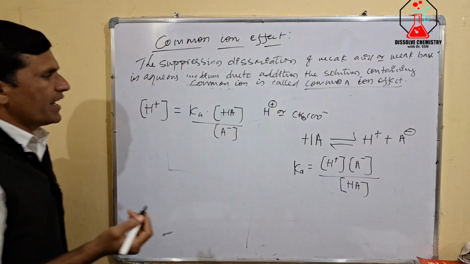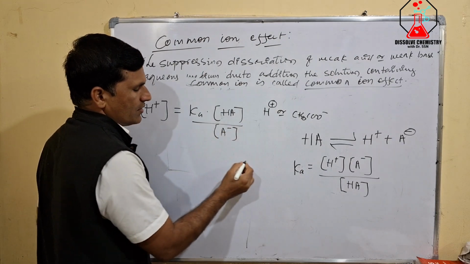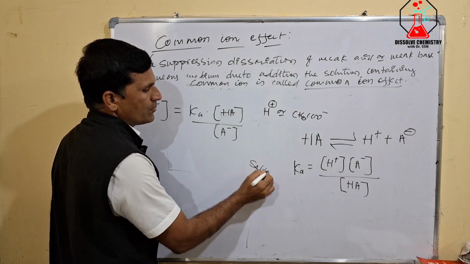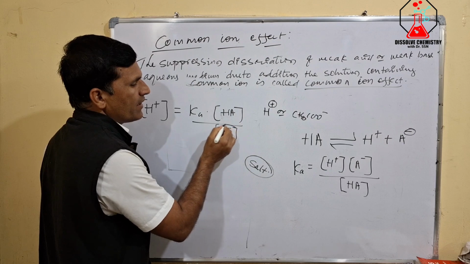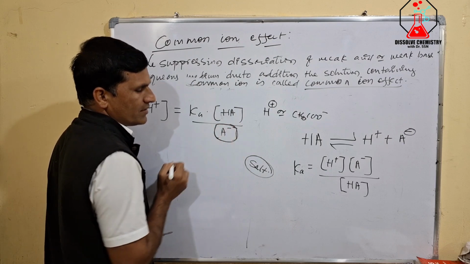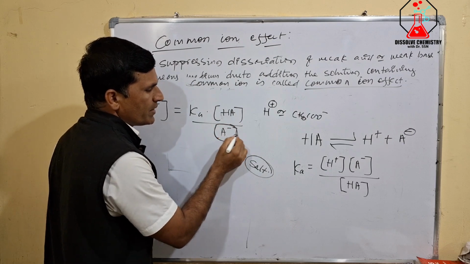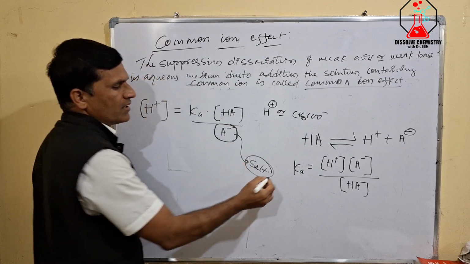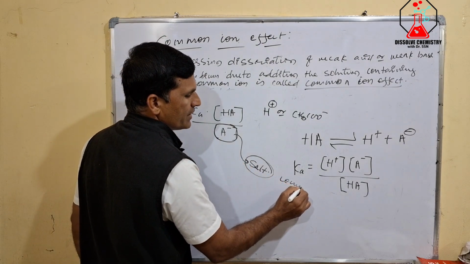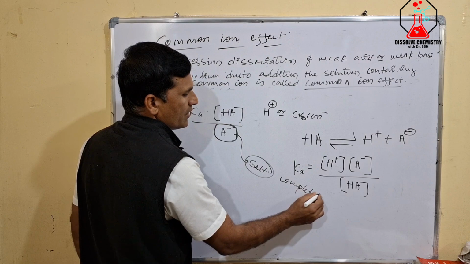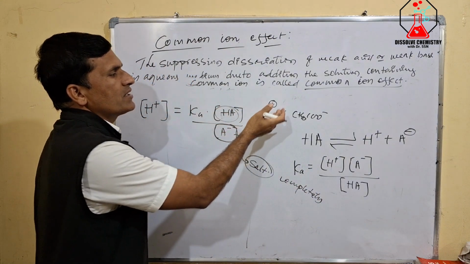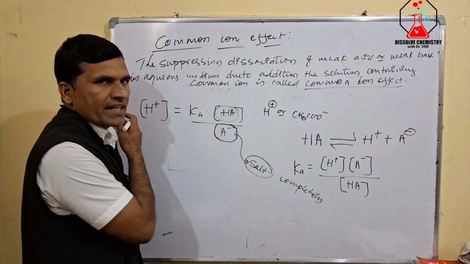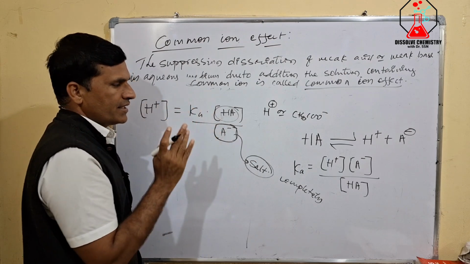Now suppose you are adding a salt solution to that. Then the acetate ion concentration is only from the salt, because the salt will be completely dissociated, and whatever acetate is generated from the acid combines with the common ion and forms back the undissociated form.